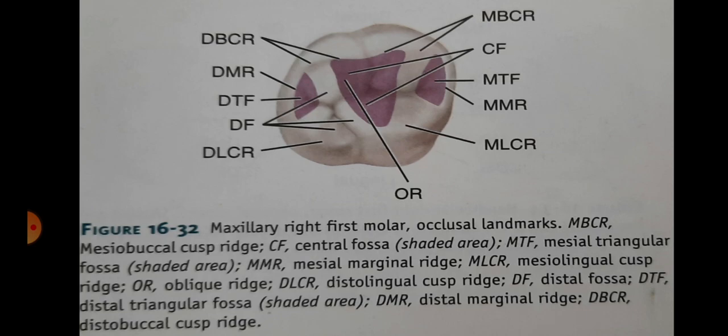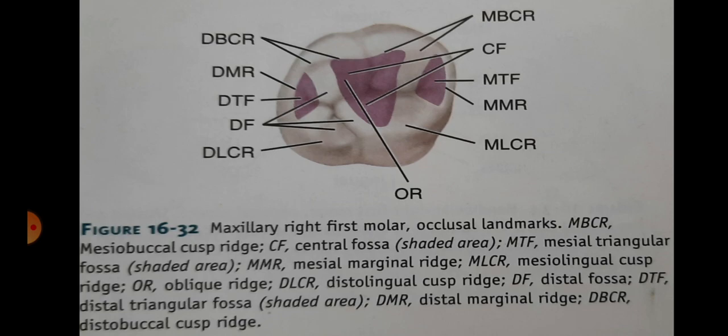Occlusal landmarks include MBCR, mesiobuccal cusp ridge; CF, central fossa, the shaded area; MTF, mesial triangular fossa, the shaded triangular area; MMR, mesial marginal ridge; and MLCR, mesiolingual cusp ridge.